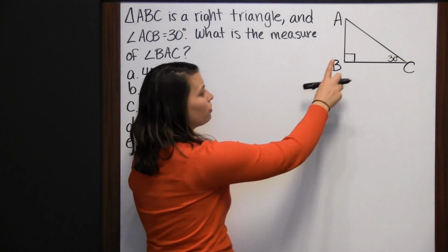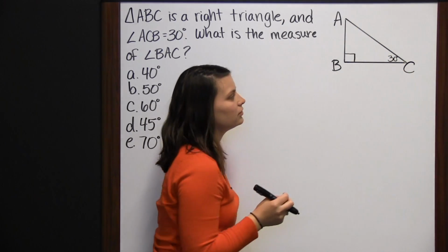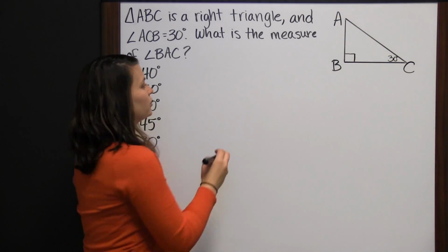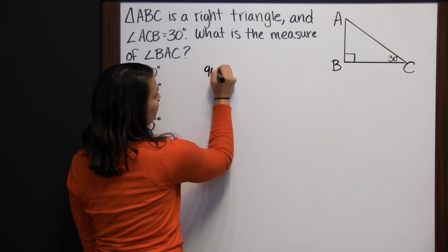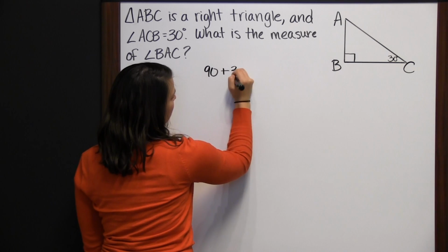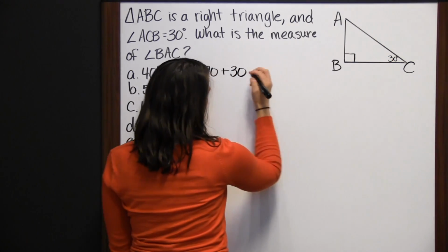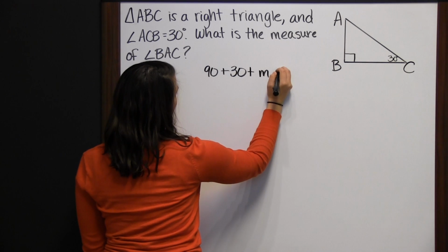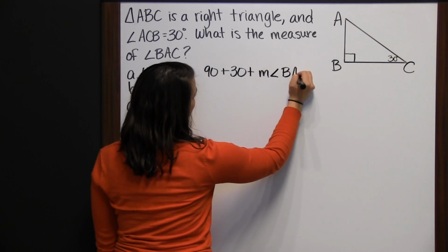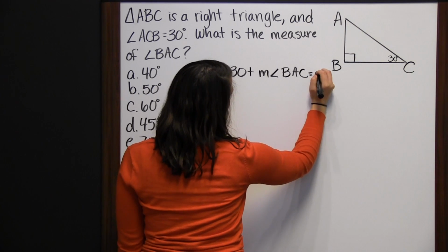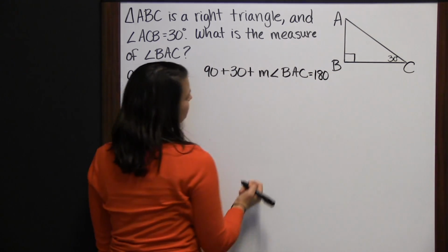And I know that the 3 angles of a triangle add to be 180. So that means that this 90-degree angle plus this 30-degree angle plus the measure of angle BAC right here equals 180.